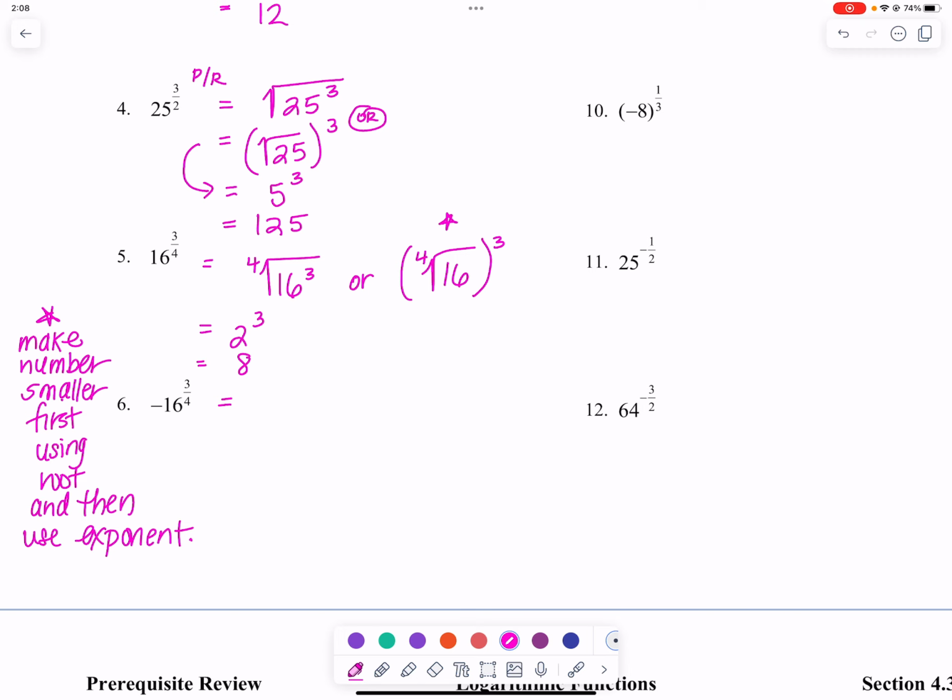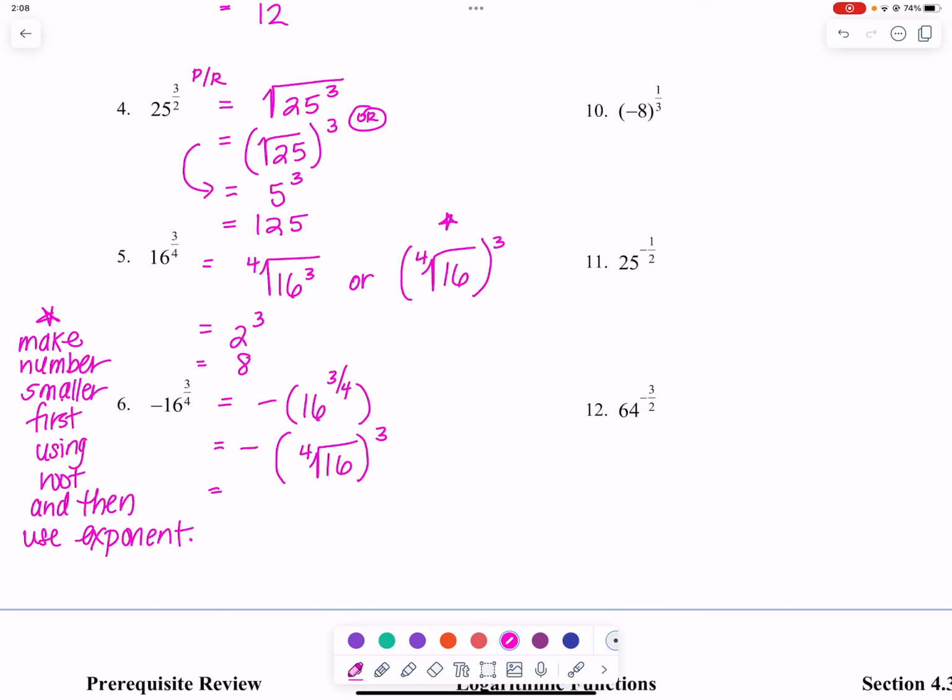So let's do that. Let's take, and this is the opposite of 16 to the 3/4 power. So it does not have that. Okay, so it's really important to know that we're going to put a negative on our answer. Now what we're going to do is have the 4th root of 16 and cube it.